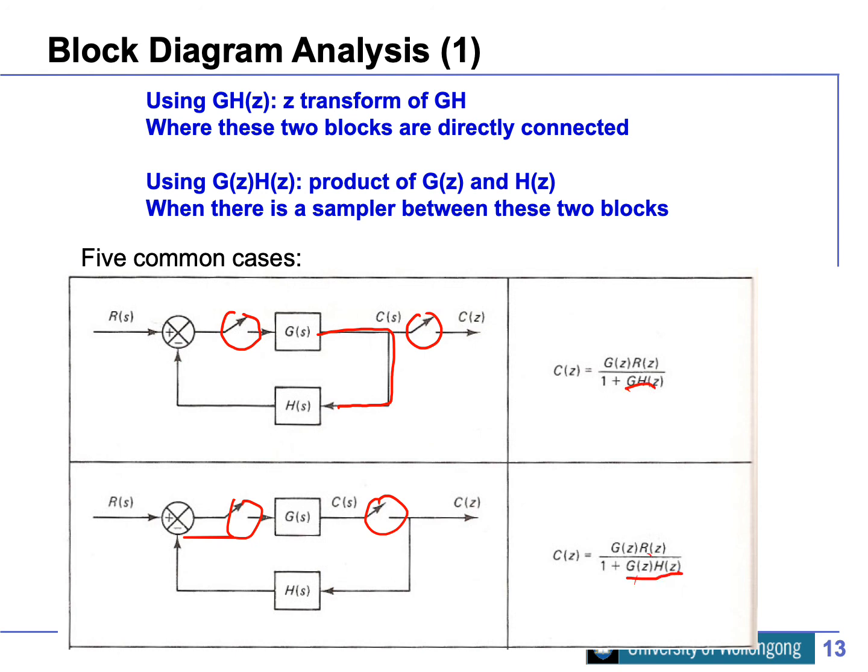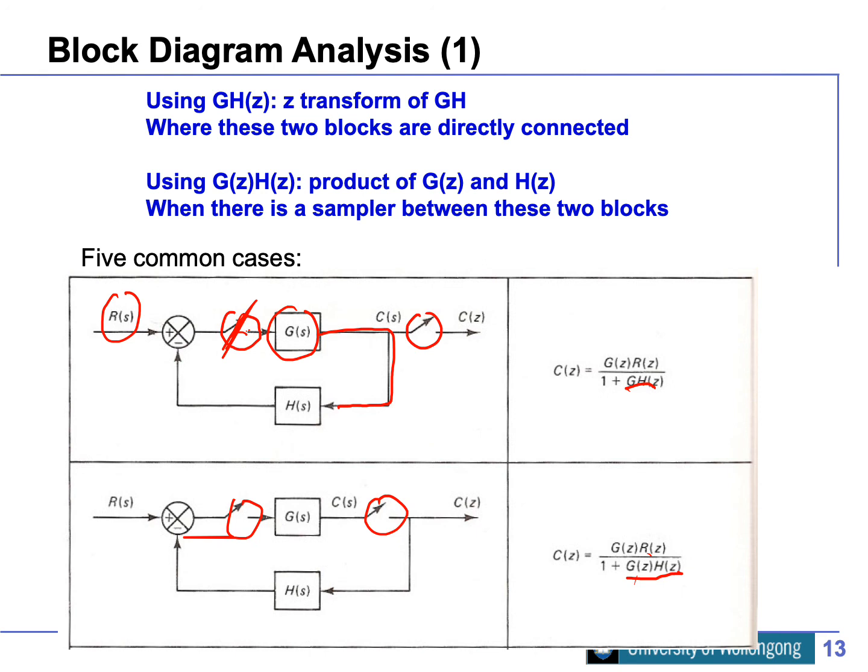If you can see, the output is equal to the open loop, which is G(s), H(s). For the feed forward, which is R(s) multiplied with G(s), because there's a sampler in between, something separating here, we do G(z), R(z), the S to Z transform for each individual case.